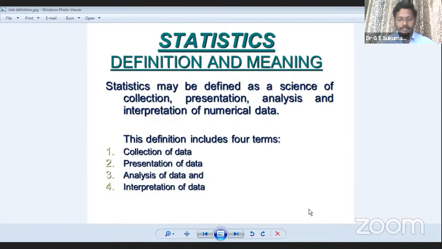Then when you talk about statistics, there are two types of statistical measures: descriptive and inferential statistics. I try to show you the slide.